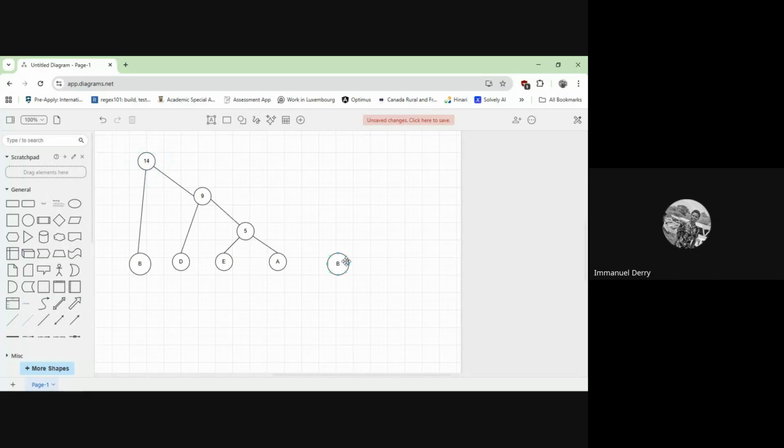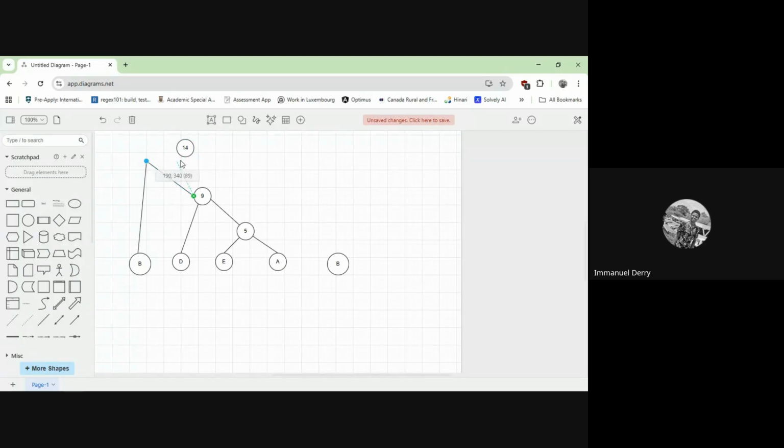And finally, we have B. So it's going to be B, we change the direction small. So no, the final one will be C. Yes, it will be C.